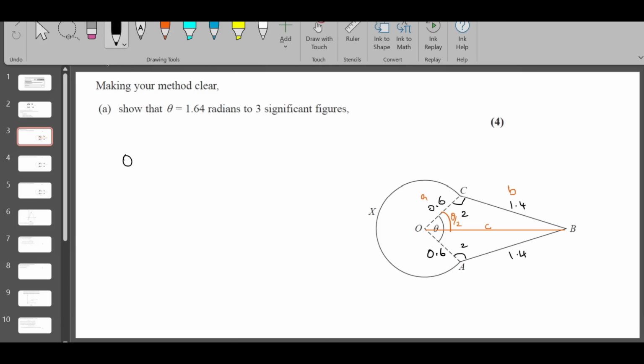OB squared is A squared plus B squared minus 2AB cos theta, where theta is the angle between A and B, that's cos 2 radians.